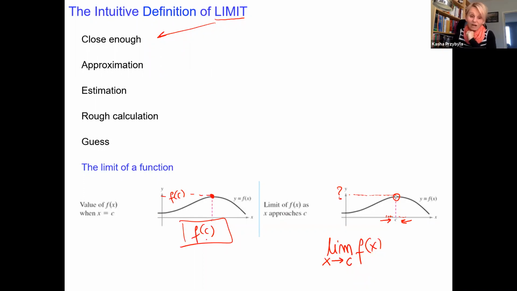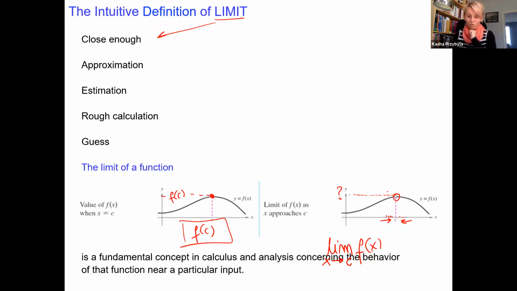Probably the value is similar, since it's connected, but that's the thing. We have to get close enough and get simply the height where the open dot is at.